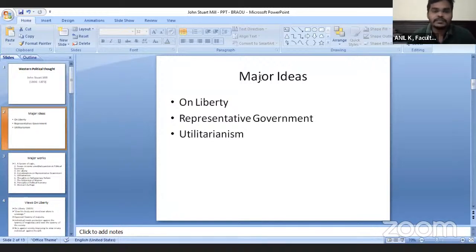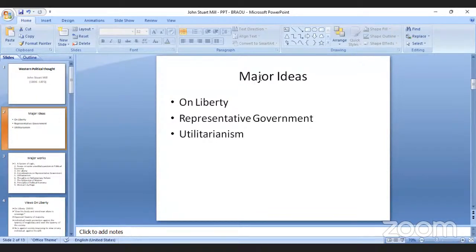So these three famous books reflect the ideas. Okay, these three are the major ideas in our syllabus.